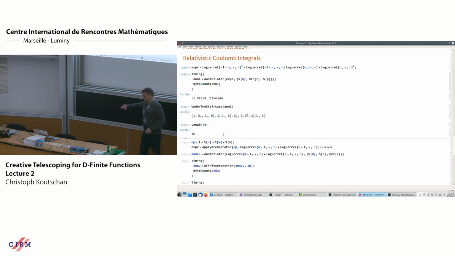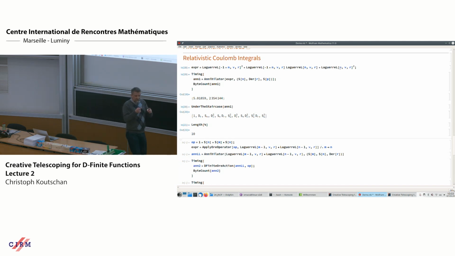And so I use this example to show you that you can use this third closure property, this operator application, to your benefit by realizing that this expression can be expressed as an operator applied to something. And it's a bit tricky here because we have this n that is sometimes shifted and sometimes not.